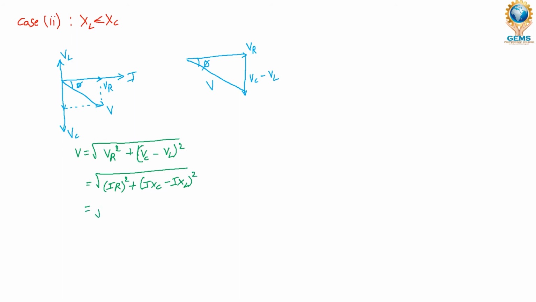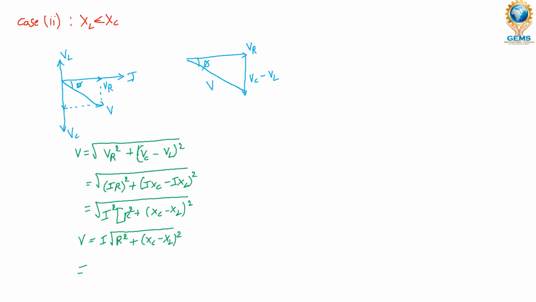If you take I as common, I square equals R square plus (XC minus XL) whole square. If I comes out, V equals I into square root of R square plus (XC minus XL) whole square.